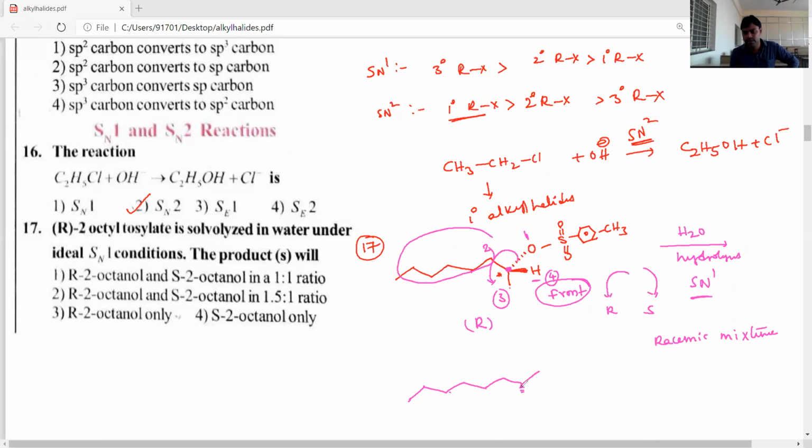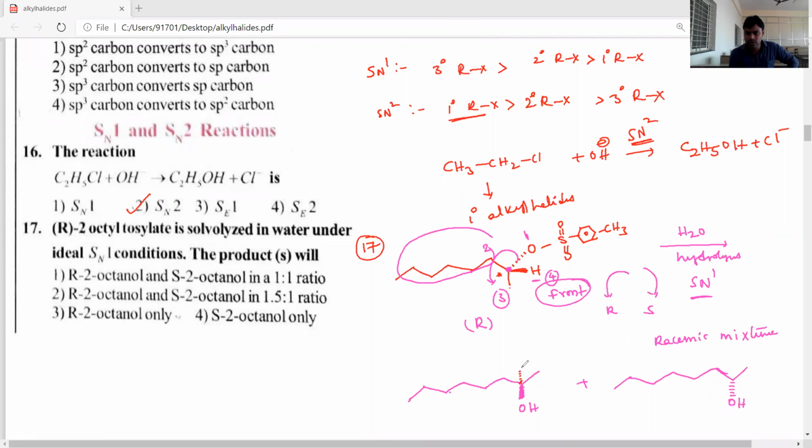This second carbon having this OH group is on the front, and another OH group is on the back side. If you observe this IUPAC representation, we have to identify which is the R configuration product and which is the S configuration product.